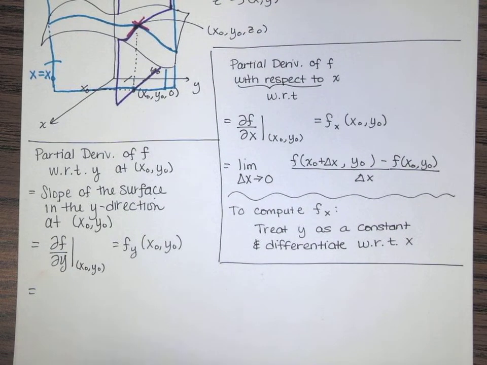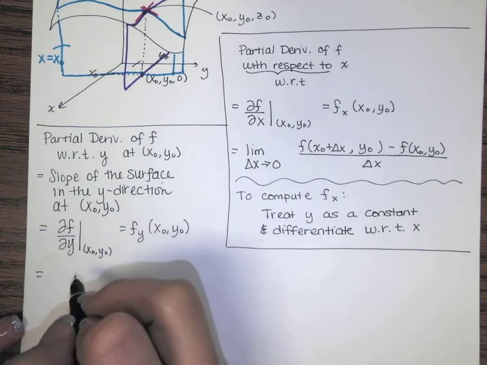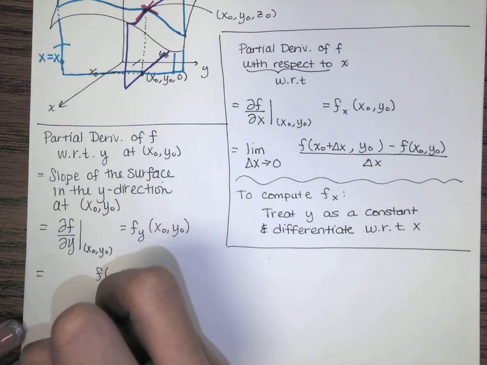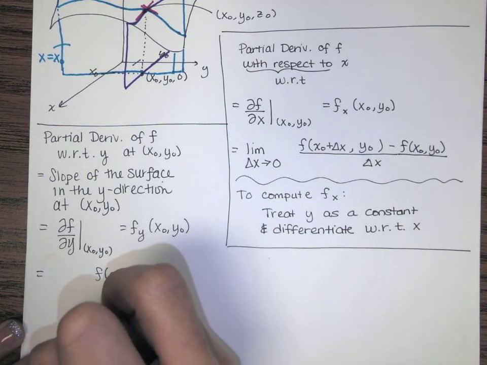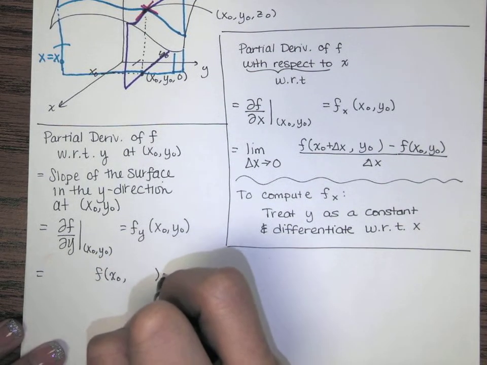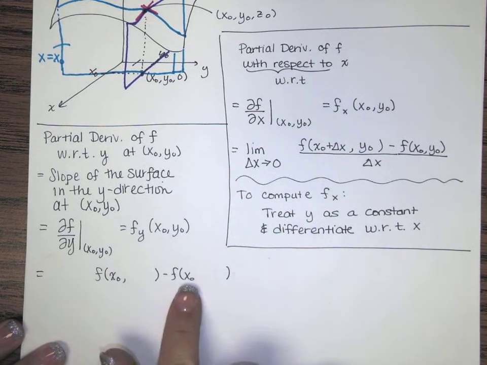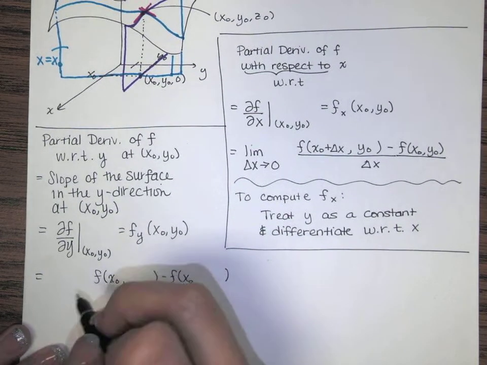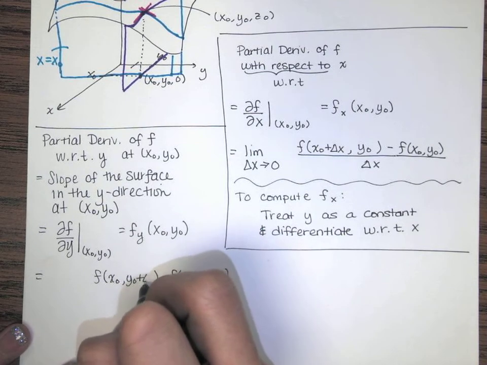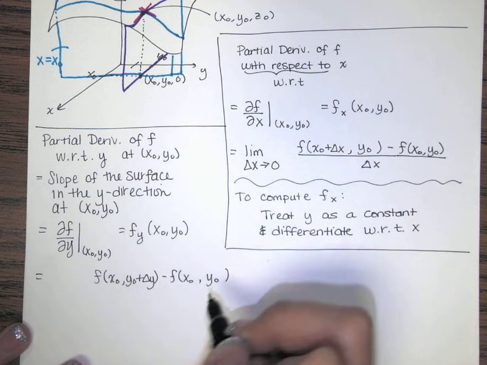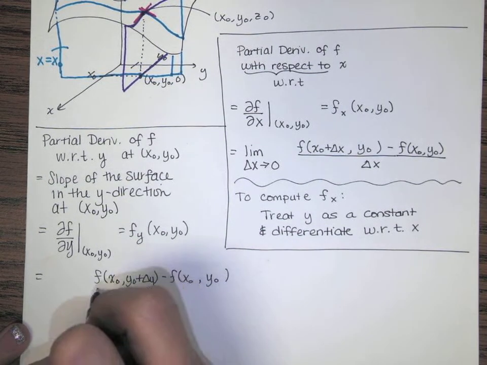Well, how do we do that? Using limits, we first take the change in f with respect to y. So we're going to force x to stay at x naught. Want that to stay exactly the same, and then we want y to change by a little bit. So we're going to go from y naught to y naught plus delta y.